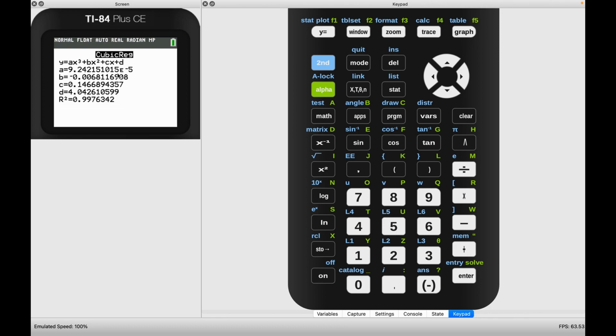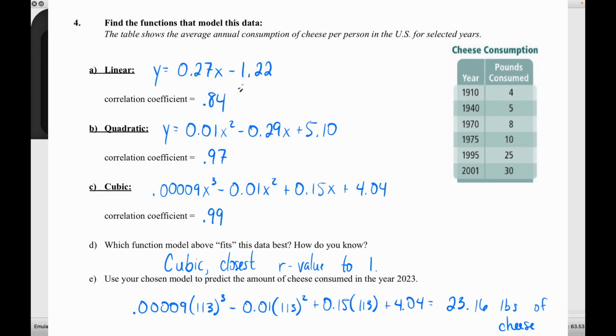I can maybe justify getting this one, because that would be 4 zeros after the decimal point: 0.00009x to the third minus 0.01x squared plus 0.15x plus 4.04, and that has an R value of 0.99.